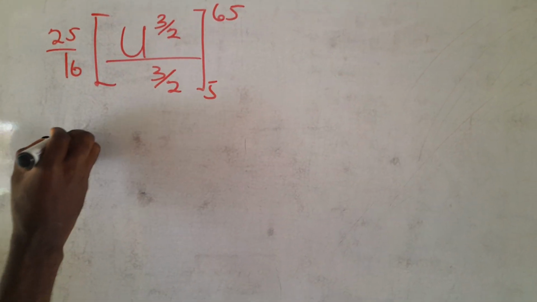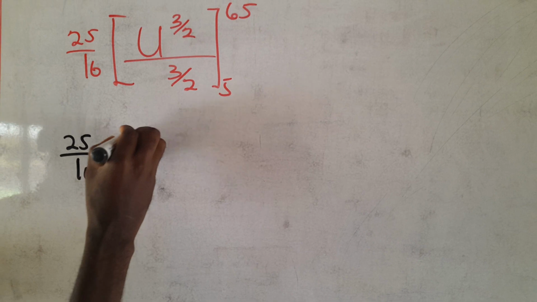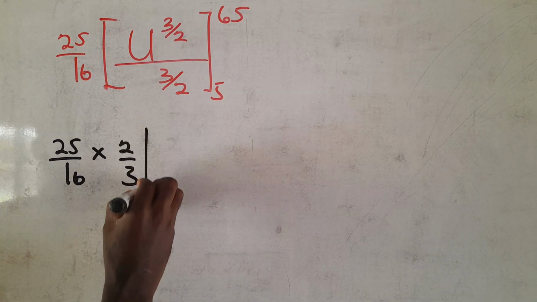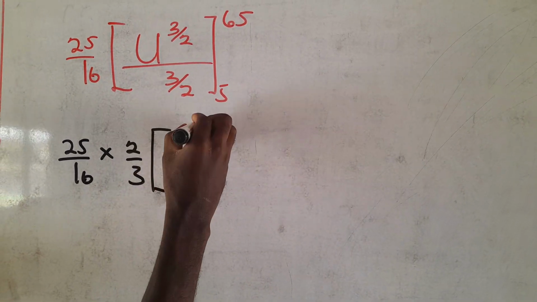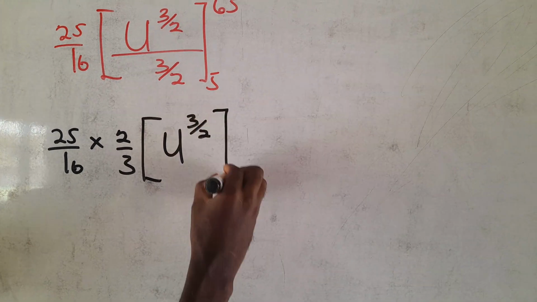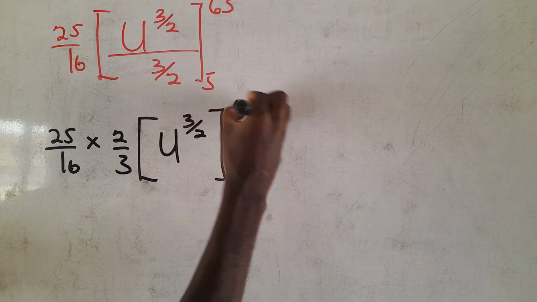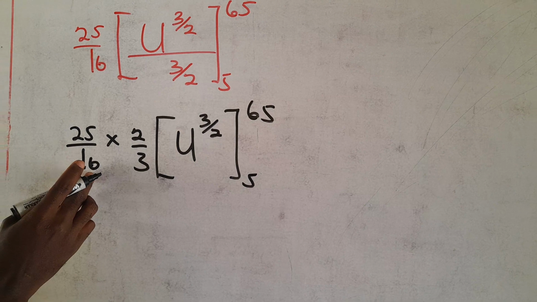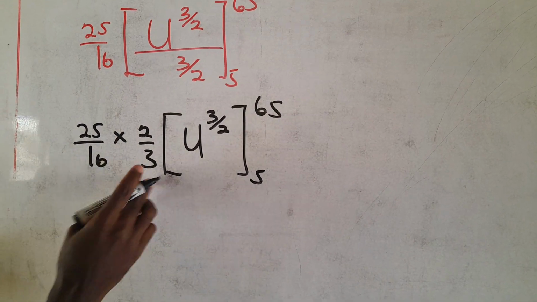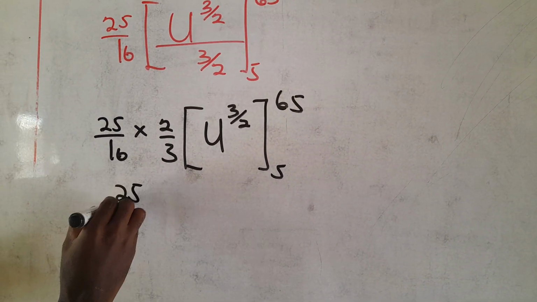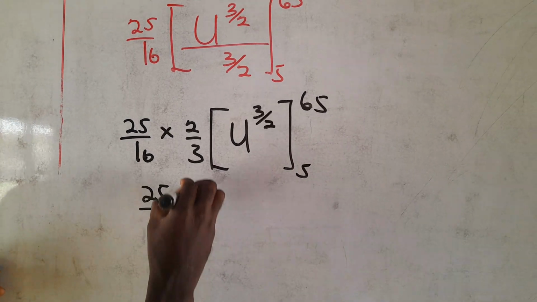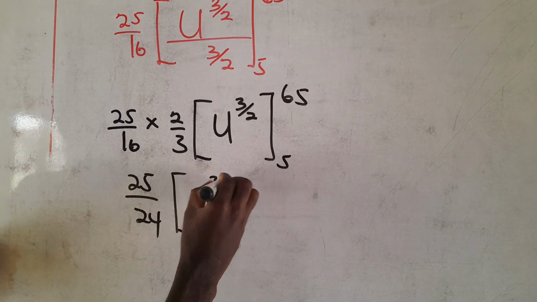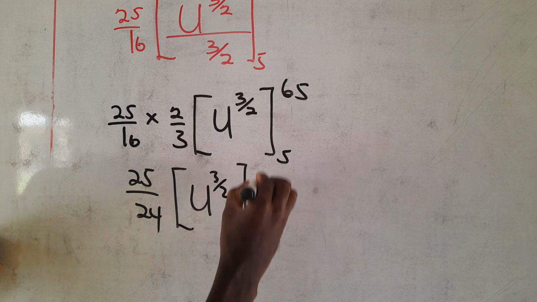So we get 25 over 16 times 2 over 3 of u exponent 3 over 2, spanning from 5 to 65. So 2 going into 16, 8 times. 8 times 3 will be 24. So I have 25 over 24 u exponent 3 over 2 from 5 to 65.